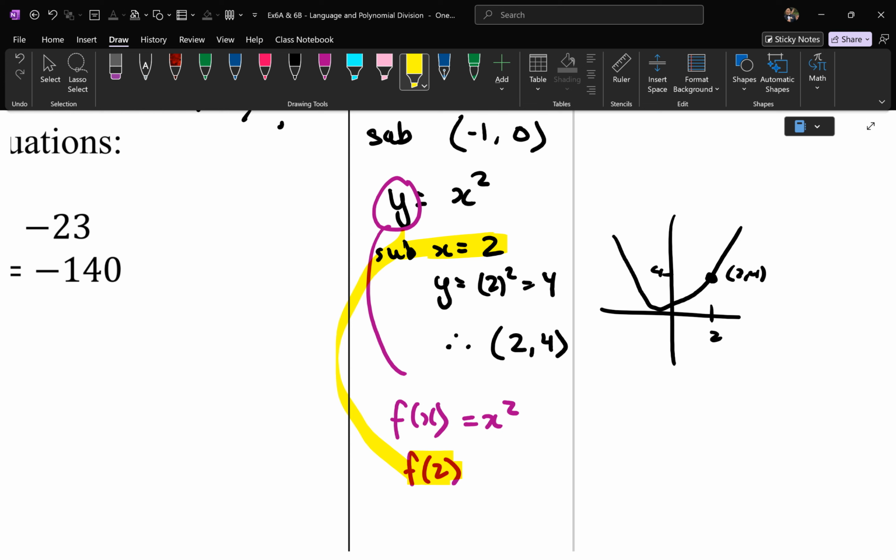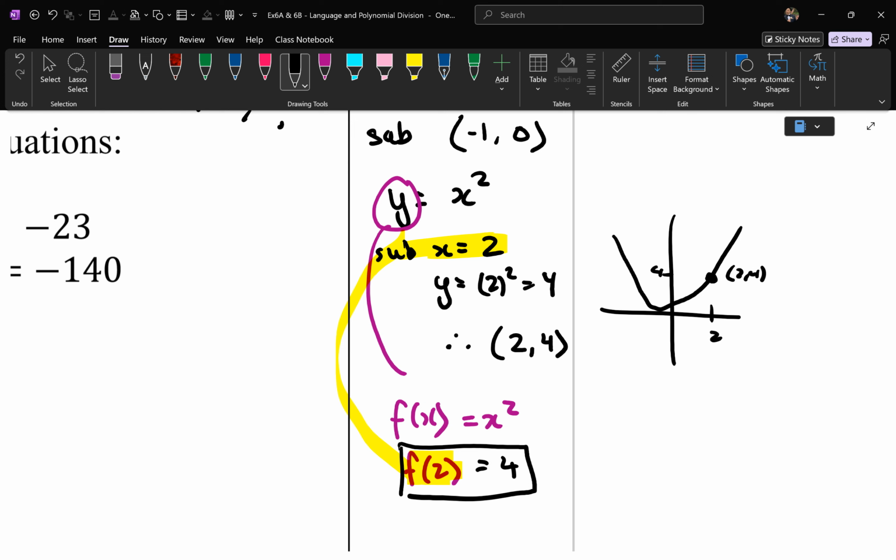The result was 4. So y equals 4. But if I'm replacing y with f of x, then I could have just said f of 2 equals 4. That's called function notation, chapter 5. So in one sentence, I can say pretty much what I just wrote up here. That's what they're trying to get you to do.